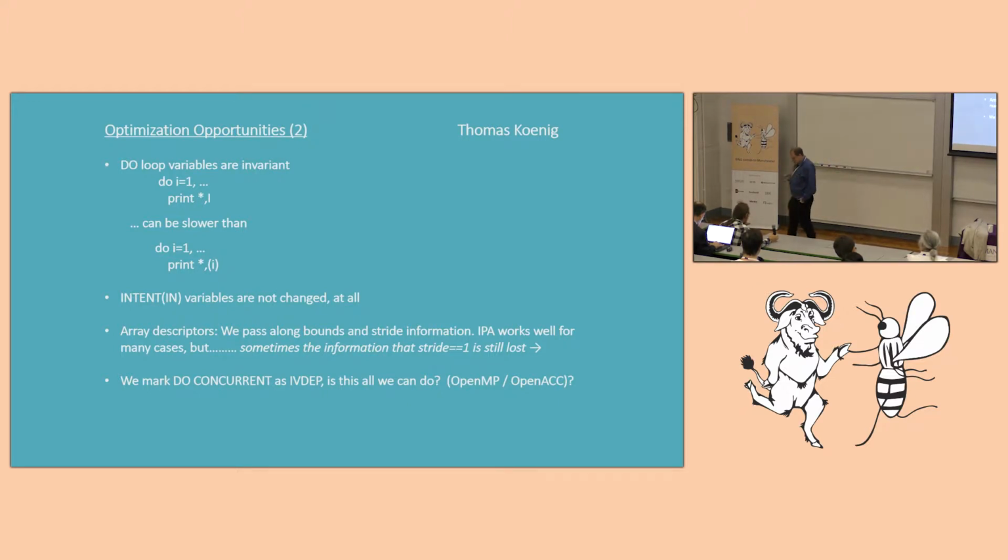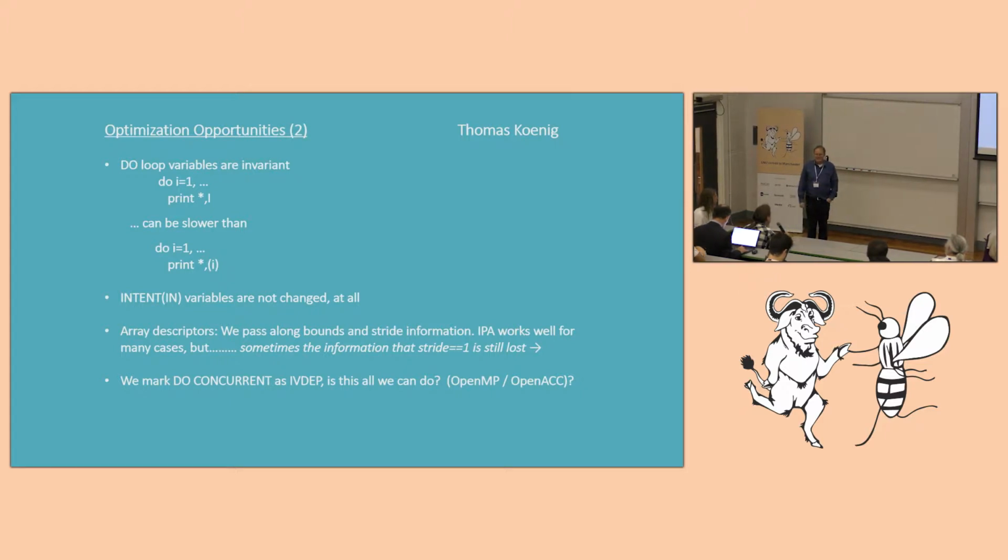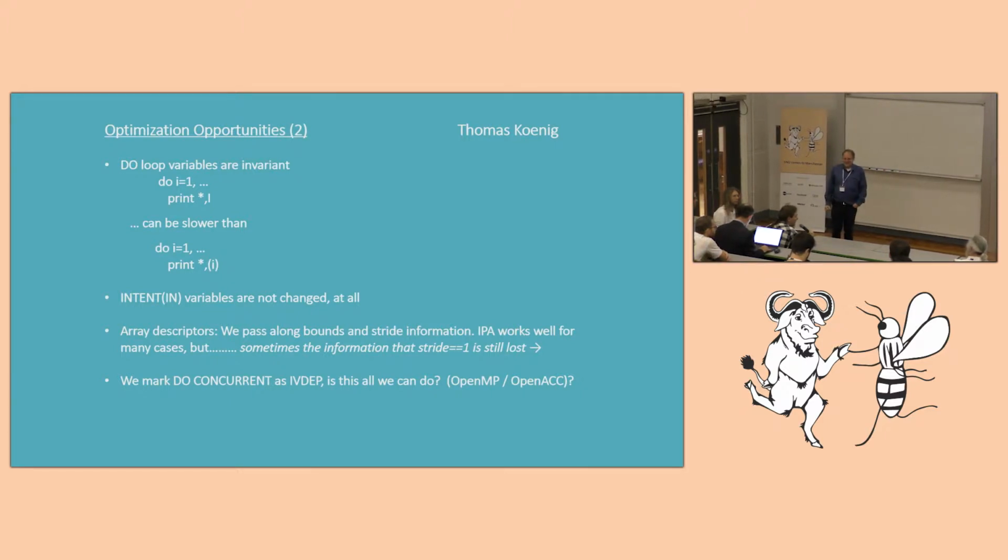What's sometimes lost though is, for example, if you call it with different array strides, the information that the stride is actually always 1, which is a normal use case, is sometimes lost. So is the descriptor itself intent in?